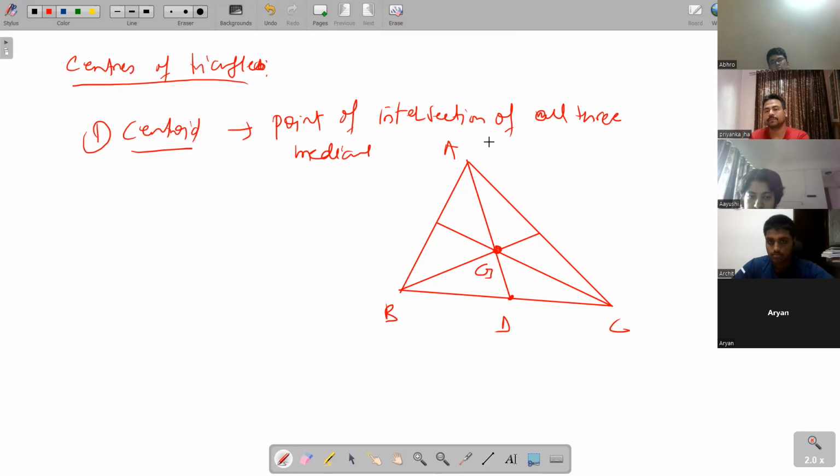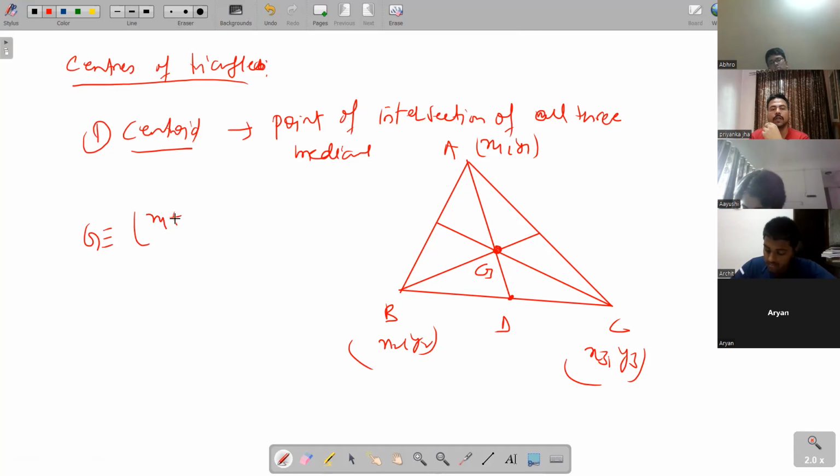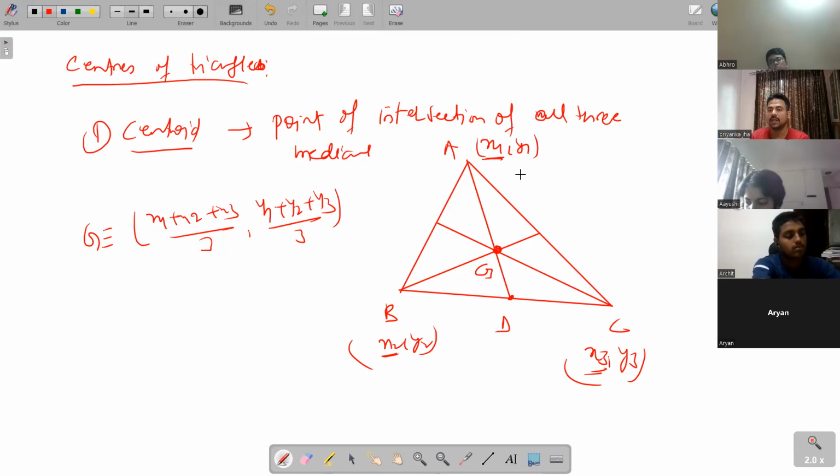And this is the centroid. Suppose x1, y1 is the coordinate of A, x2, y2 is the coordinate of B, x3, y3 is the coordinate of C. So the coordinate of the centroid would be (x1 plus x2 plus x3) by 3, (y1 plus y2 plus y3) by 3. This is the formula to find the coordinate of the centroid.